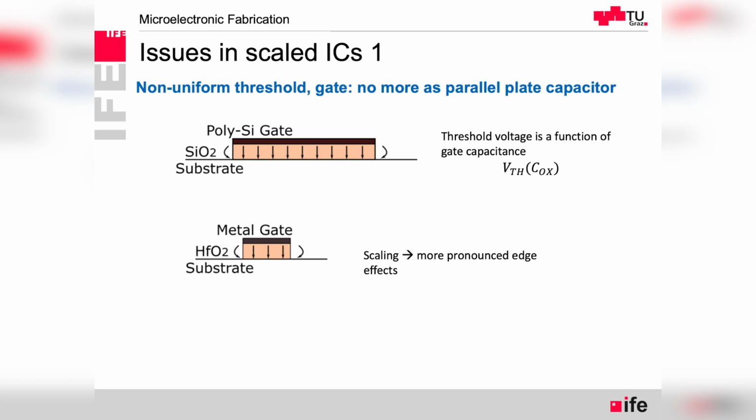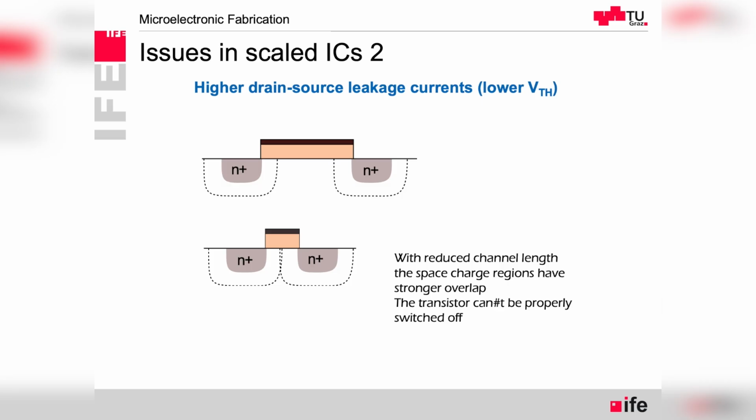When we make the transistor narrower, these edge effects matter: if we make a lumped model with multiple parallel capacitances representing this transistor, then at the edge the capacitance would be slightly lower. And then what we see is that the threshold voltage of the transistor is not uniform anymore. The FinFET transistor that you will also see in one of the next slides is the solution to that. I will go into detail later, since FinFET is solving several issues, also this one.